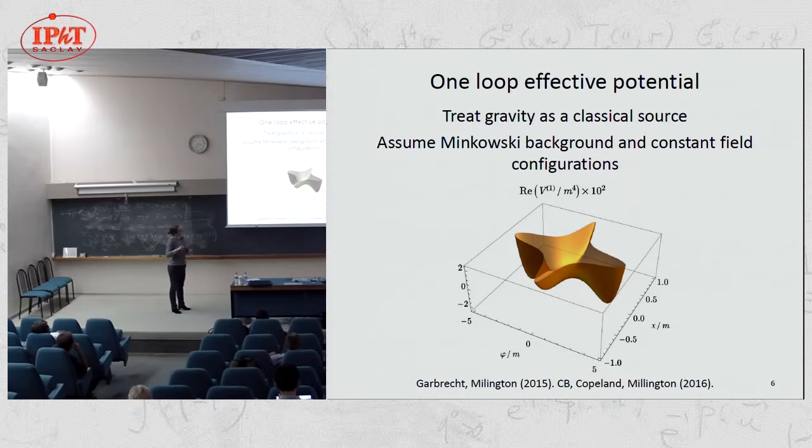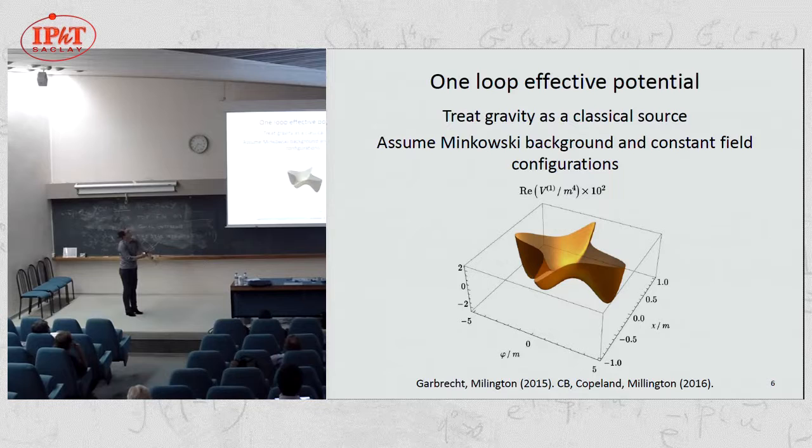And this is the one loop potential that we get for the perturbations around the background, so for phi and chi. And what we find is that in one direction the fields are stabilized, so chi is stabilized at 0, and in the other direction we get exactly this kind of spontaneous symmetry breaking potential that we were looking for.